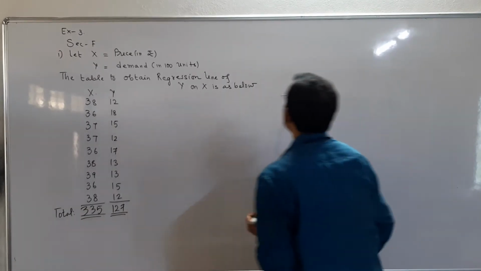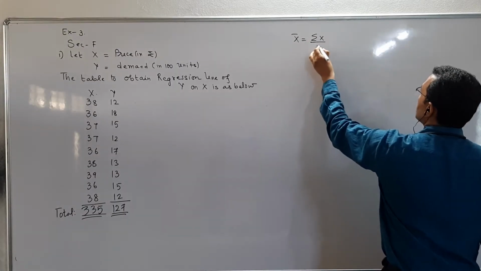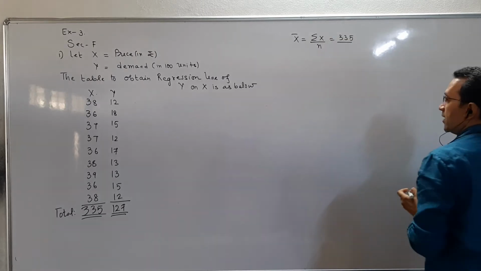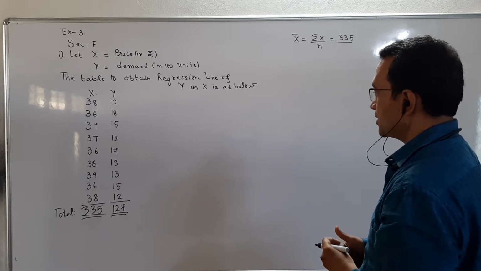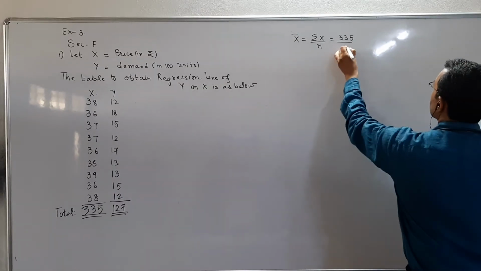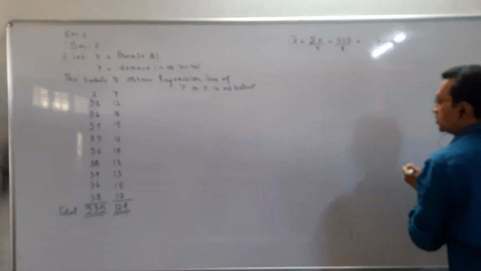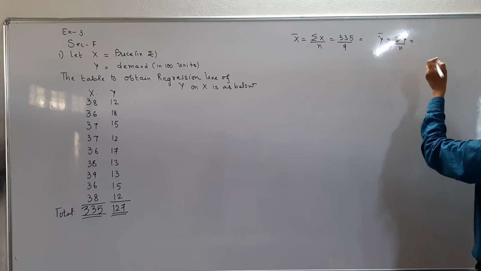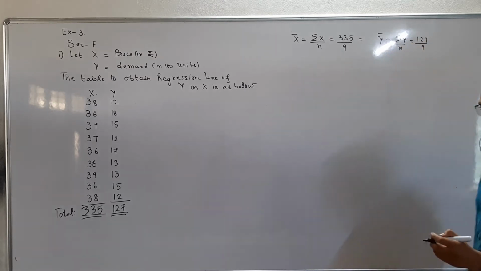Students, now I am writing here X bar is equal to sigma X upon N, 335 divided by, let us count the number of pairs, 3, 4, 5, 6, 7, 8 and 9. And Y bar is equal to sigma Y upon N, and that is 127 divided by 9.